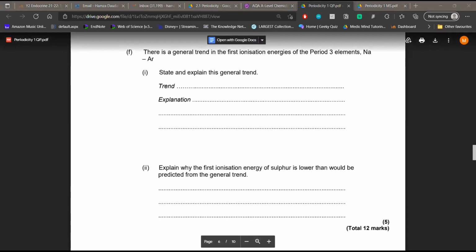Beryllium. Why does it have a lower ionization energy? And why does helium have a higher ionization energy than hydrogen or lithium? Sorry, I don't know the grammar of that question. Beryllium, why does it have a lower ionization energy than what? Than lithium. Why does beryllium have a lower ionization energy than lithium?